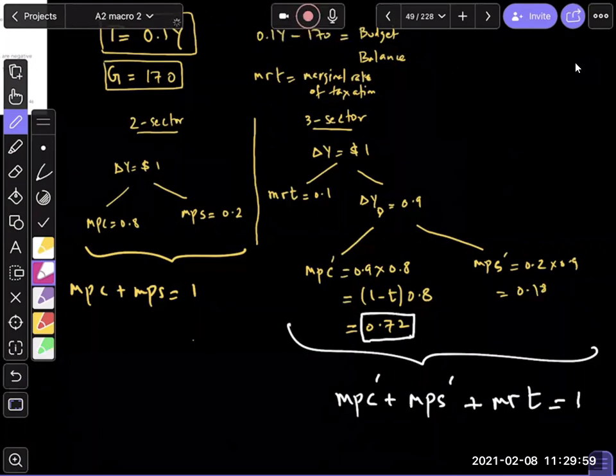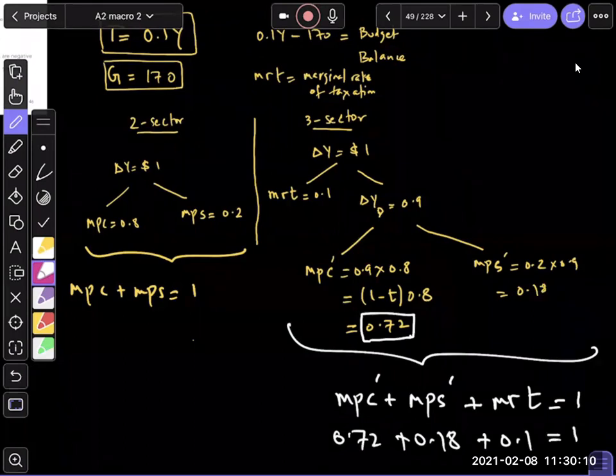So if you do the math, 0.72 plus 0.18 plus 0.1, you will find that will be equal to 1. So whenever you are in a three-sector model, you may need to change the values of your MPC and MPS to reflect the after-tax situation. Got it?